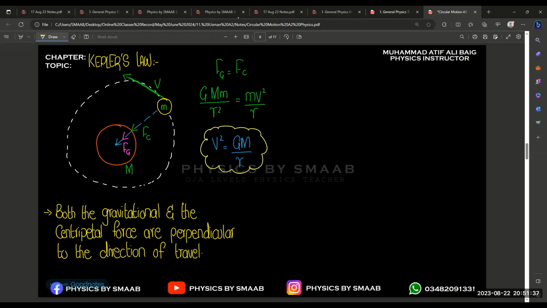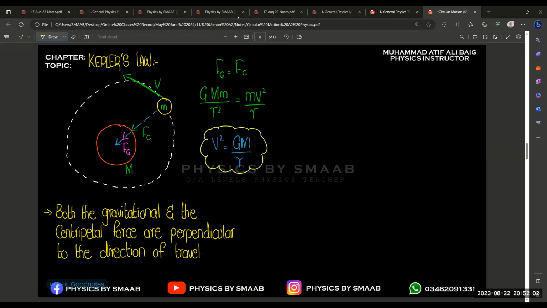So basically, in the previous chapter we also discussed the concept related to orbital speed, that is the angular speed. What is the formula? If you remember, v equals 2 pi r over t, or 2 pi f, right?